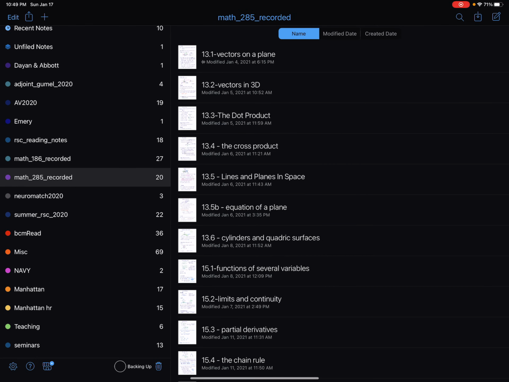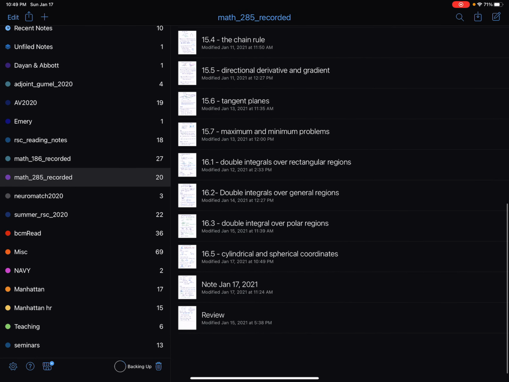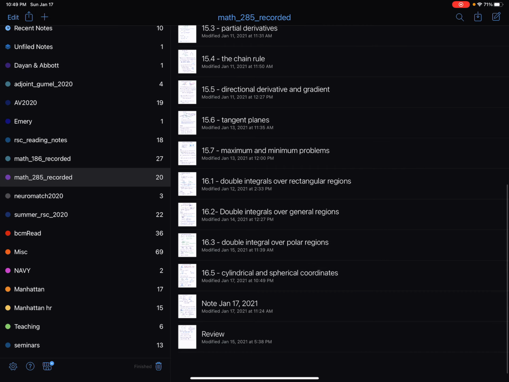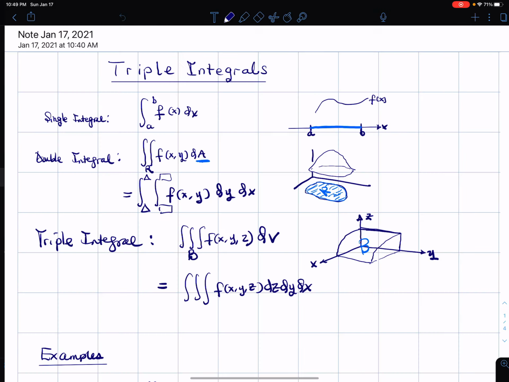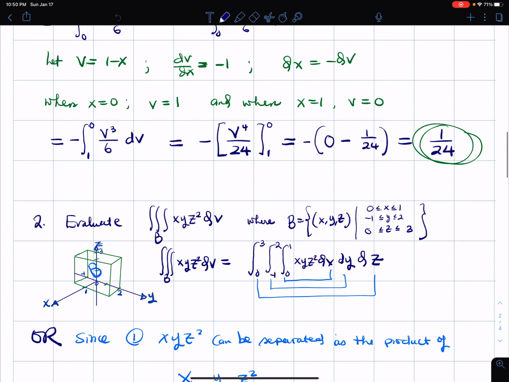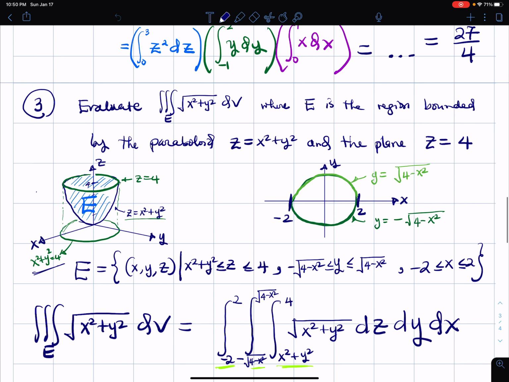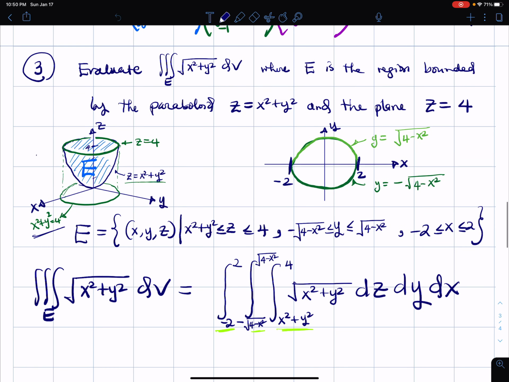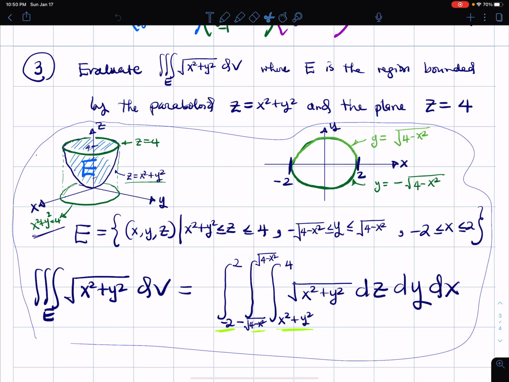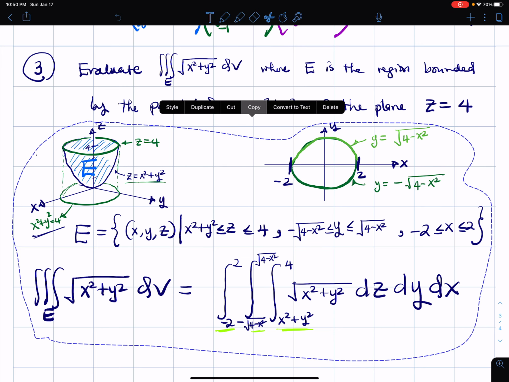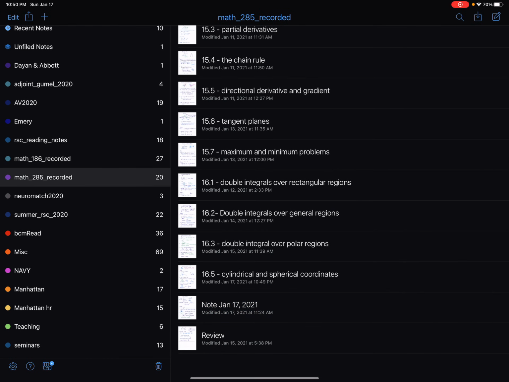All right, so let me see if I can grab what I sketched in the previous section. Let me see if I can find it. Yes, this is what I had. This is what we had in the previous section. I'm just going to copy what we did, and then come here.